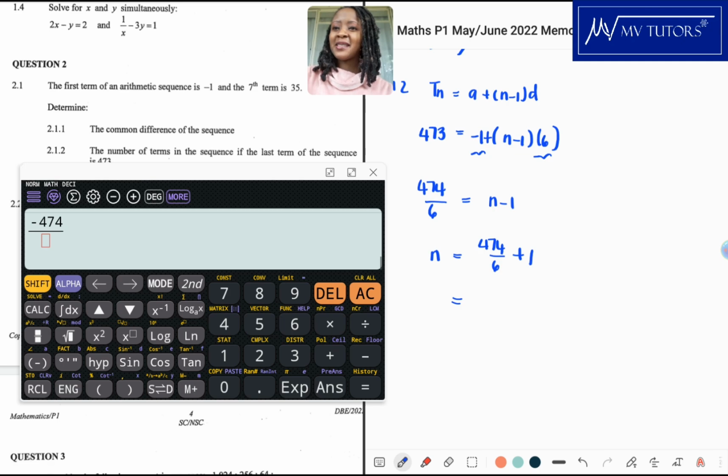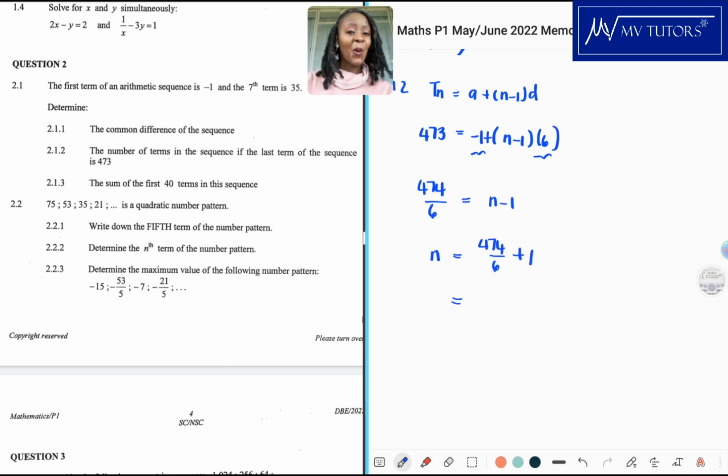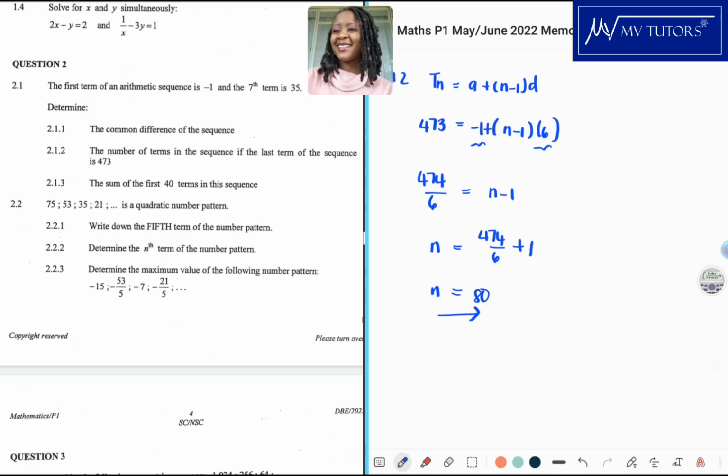So I have 474 divided by 6 plus 1. Okay, and that is 80. It's a whole positive number, and I am happy. Okay, so if I were to take 80, substitute it into the equation, I should be getting 473. A check that you should do.